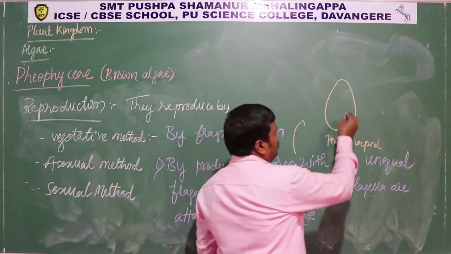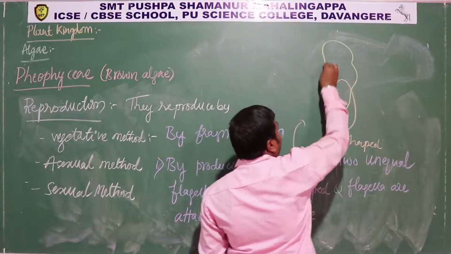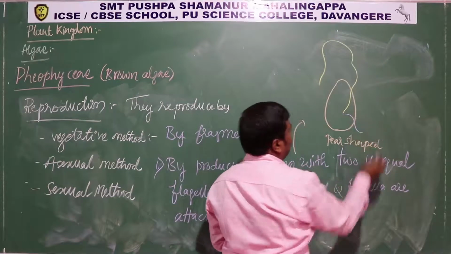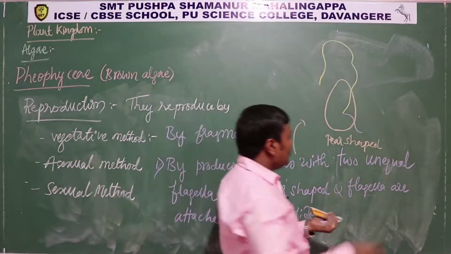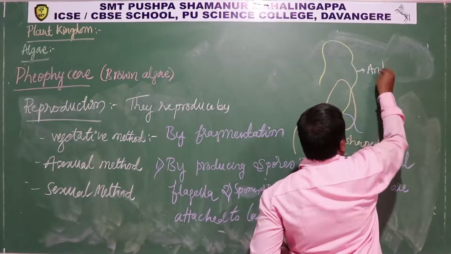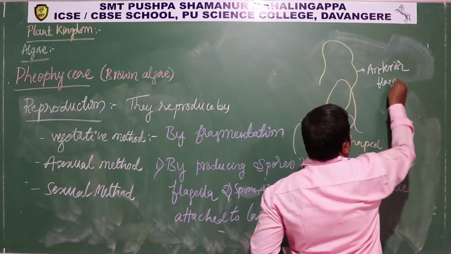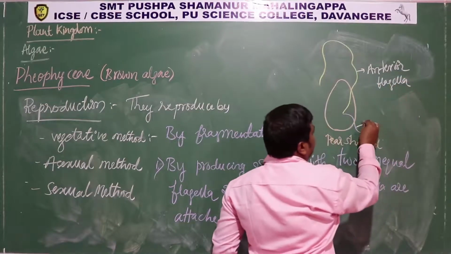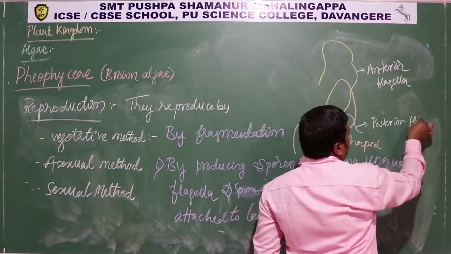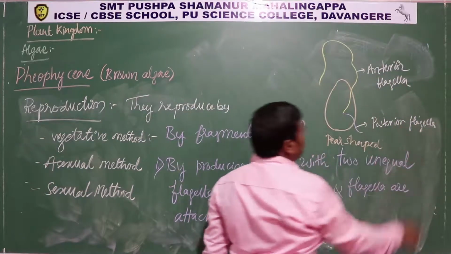This is the lateral side, and from here there is one large flagellum and one small flagellum. This is called the anterior flagellum and this is the posterior flagellum. The anterior is very long and the posterior is small.